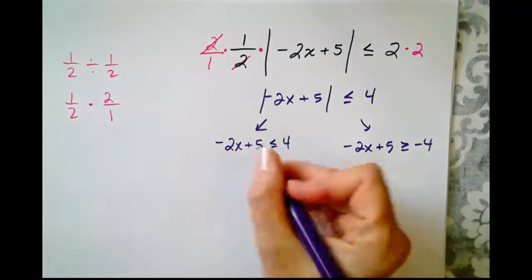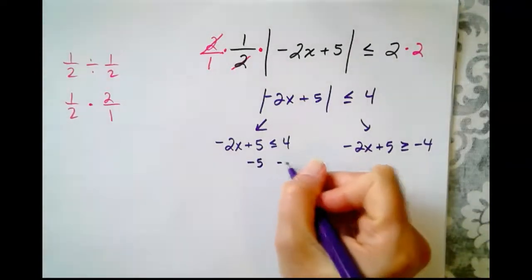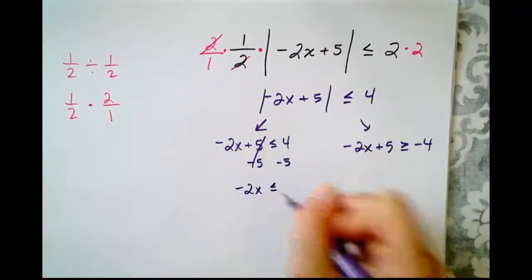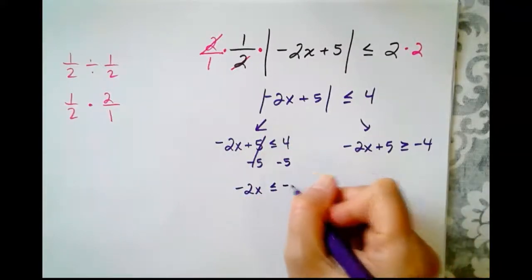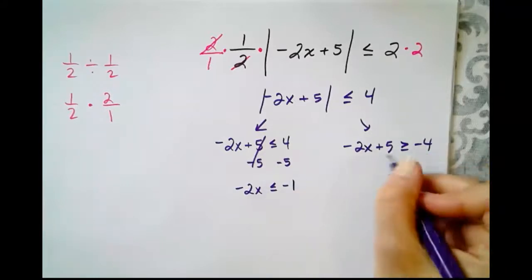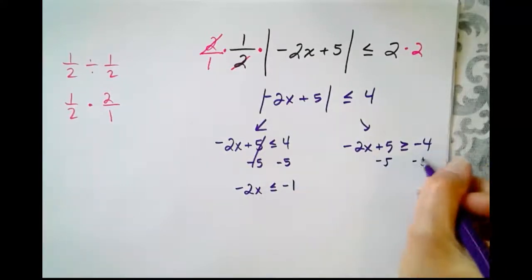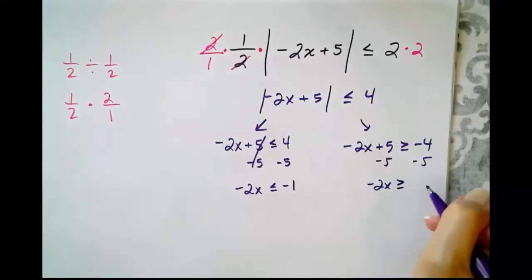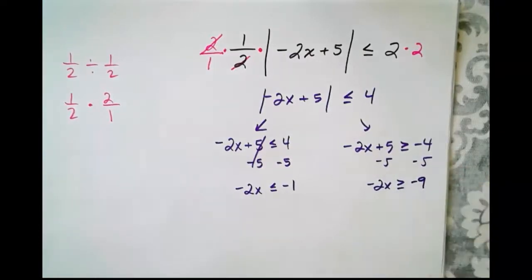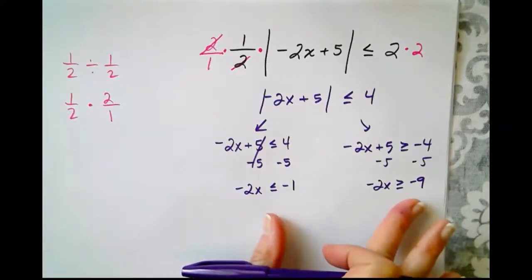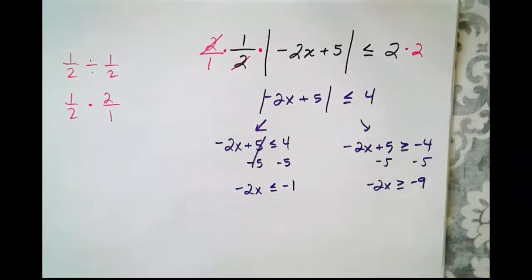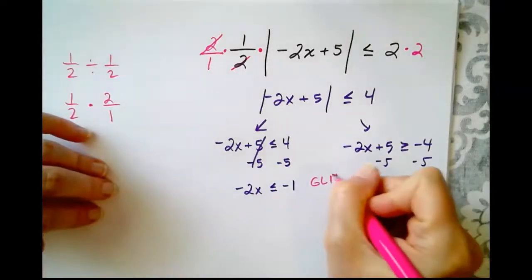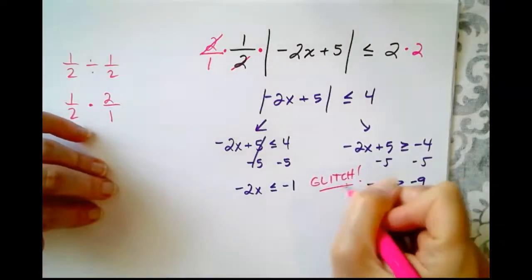Step 3 is to solve. Minus 5, minus 5. Negative 2x is less than or equal to negative 1. Minus 5, minus 5, negative 2x is greater than or equal to negative 9. Now, I did them both to the same point just as a reminder that we are about to divide by a negative.